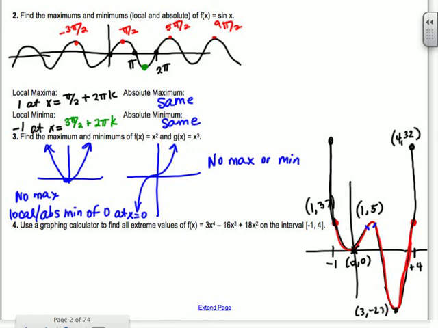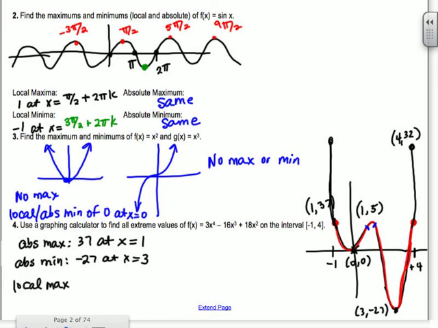Okay, so when we talk about the absolute max, what's my absolute max? 37. So 37 at x equals -1. What's the absolute min? Negative 27 at x equals 3. And then we also need to consider the local max.